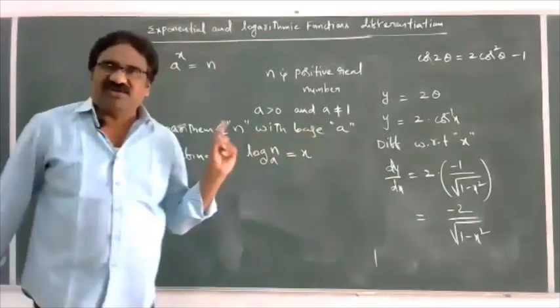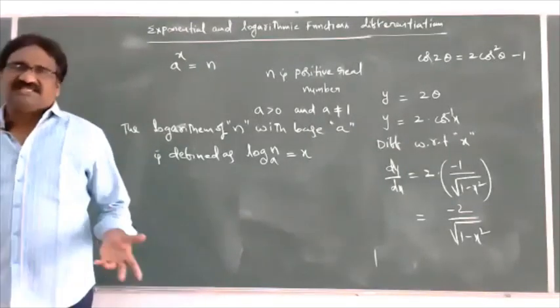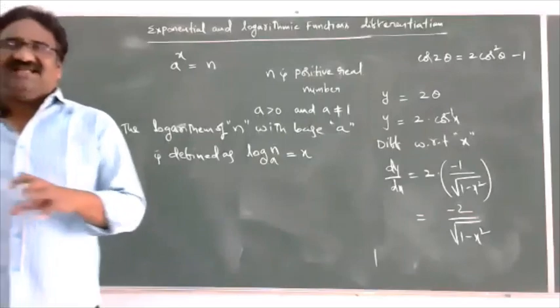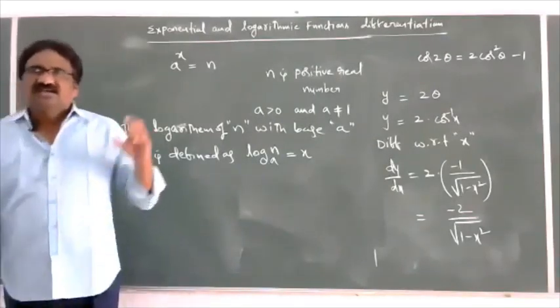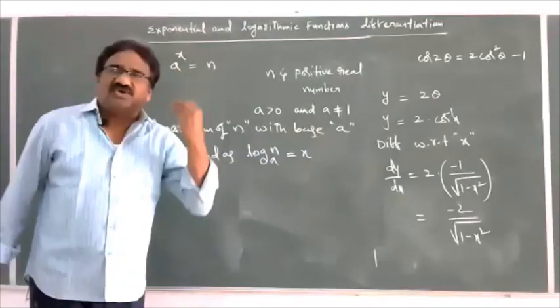This is the logarithmic function definition. Exponential functions, as you already know, are a power x or e power x, where a is a positive real number and x belongs to any real number.